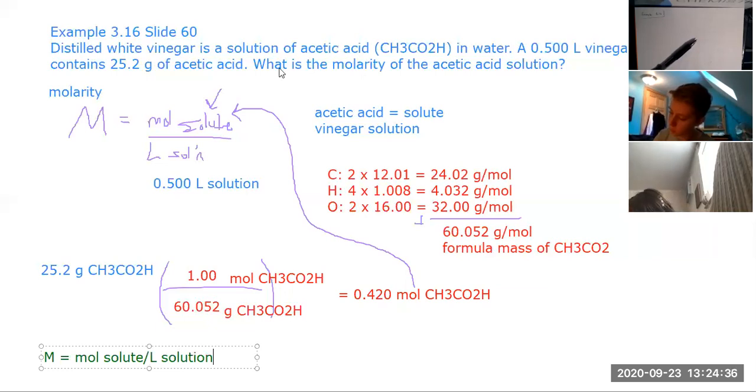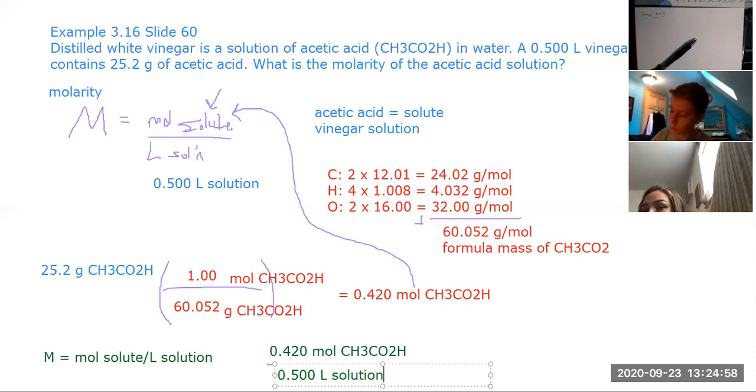So that is going to be 0.420 moles of acetic acid divided by 0.500 liters of solution, which comes out to be a 0.840 molar solution of acetic acid.